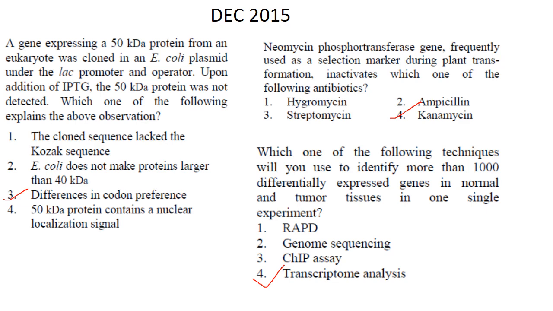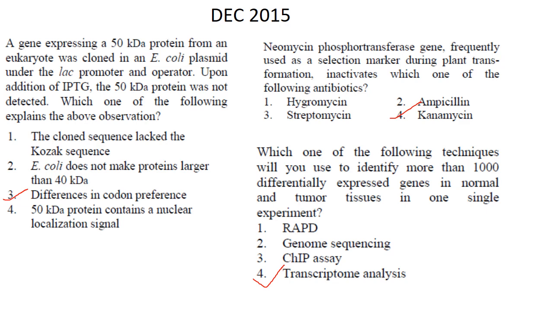E. coli prefers the GCA and humans prefer the GCU codon. When you try to express a human protein in E. coli, it will fail to recognize the GCU as a codon for alanine, because it has a preference for GCA over GCU.